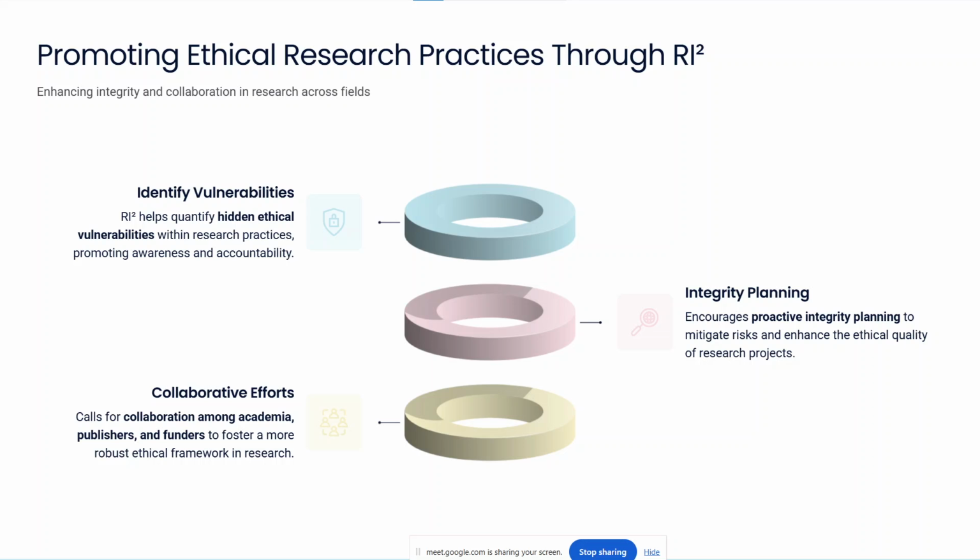And if we promote this kind of parameter, especially the RI square value, then definitely we can identify potential predatory publishers and predatory journals, right? So that's one point, and integrity planning. This will help all the readers, researchers and authors to take effective countermeasures or effective steps in following research and publication practices.